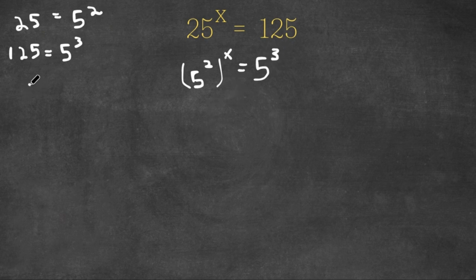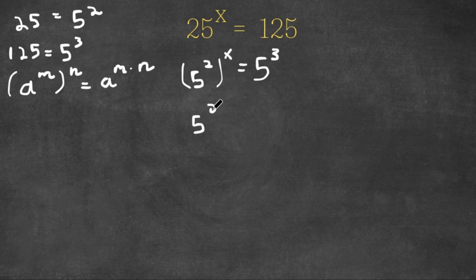Now, if we have something in the form a to the power of m to the power of n, this is equal to a to the power of m times n. So 5 to the power of 2 to the power of x, this is going to equal 5 to the power of 2 times x, which is simply equal to 5 to the power of 2x.